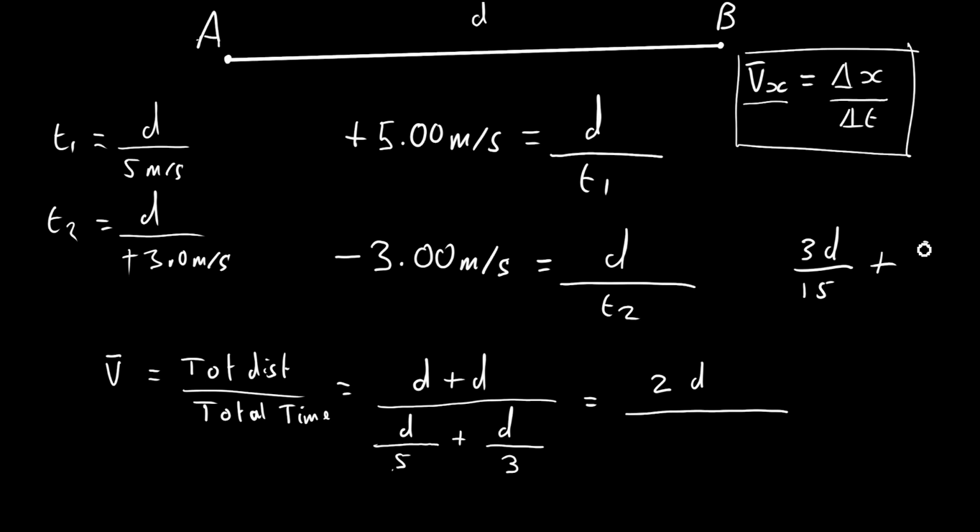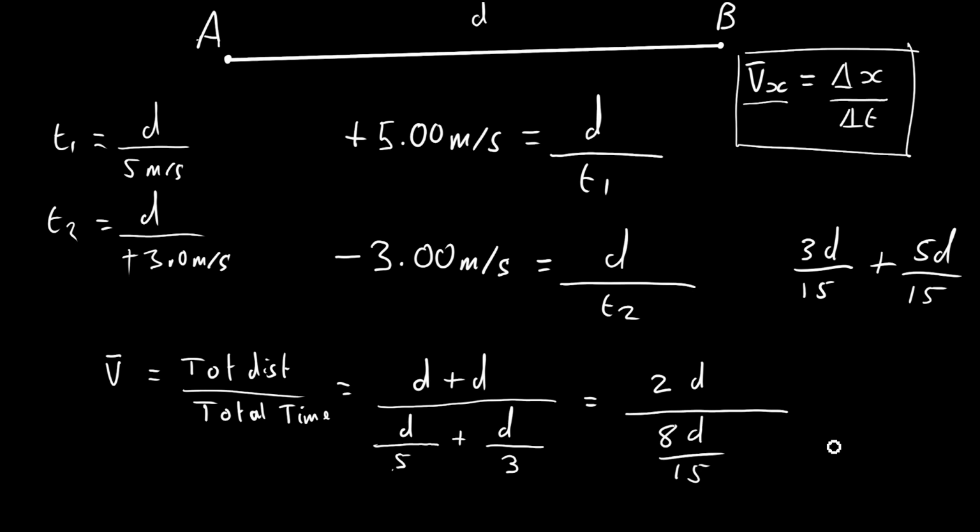So we've got plus 5d here equals 15. And now we can add these two fractions together quite easily, just by adding the components at the top here. So we have 8d over 15.